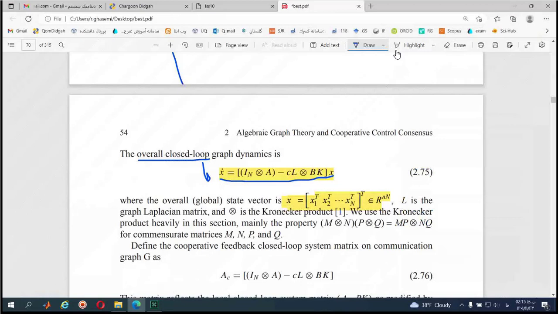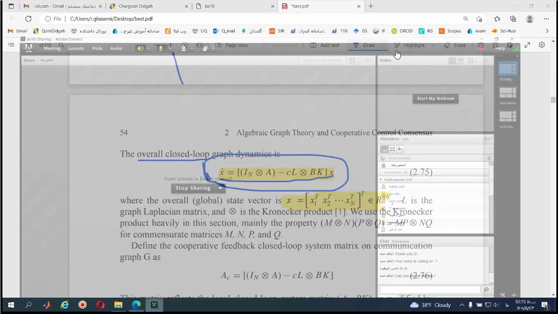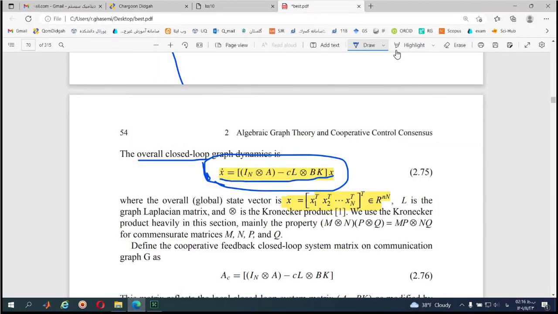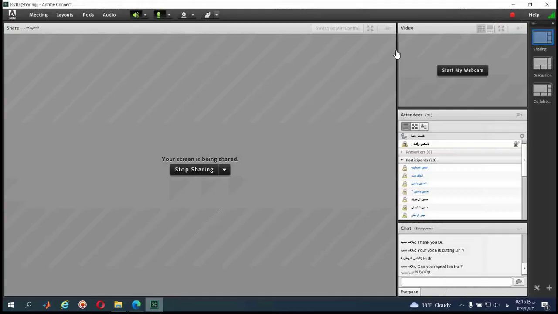Other students, that if you can prove equation 75 based on the previous equation, I give you 10 points, 10 score for your proof.